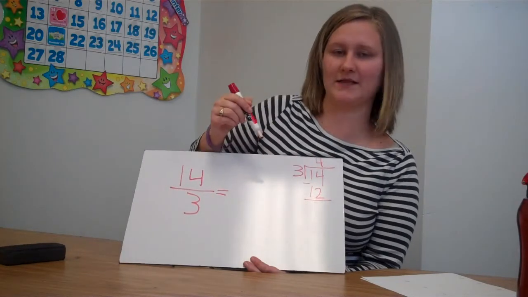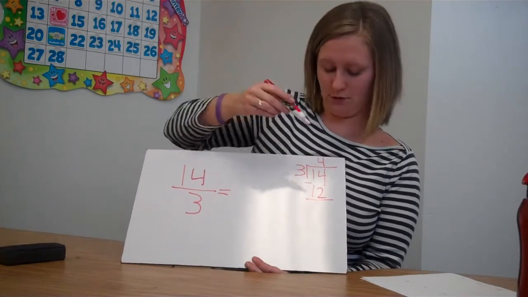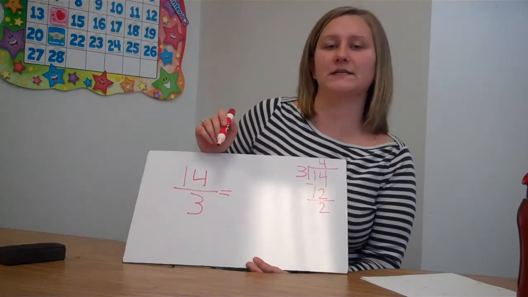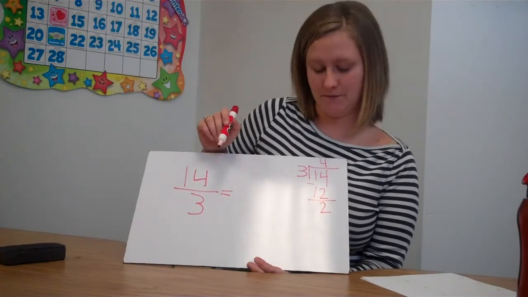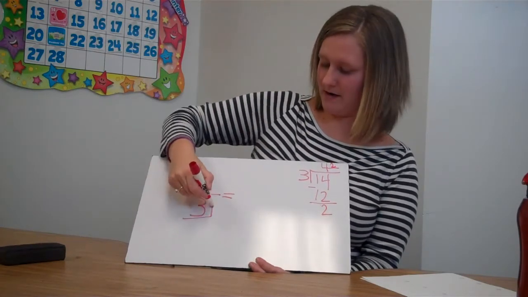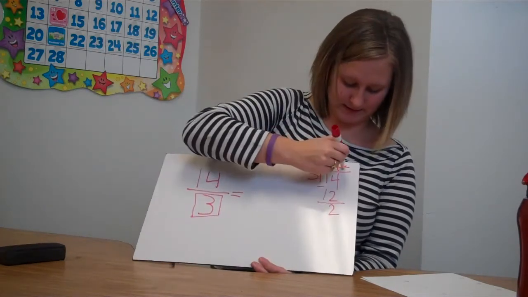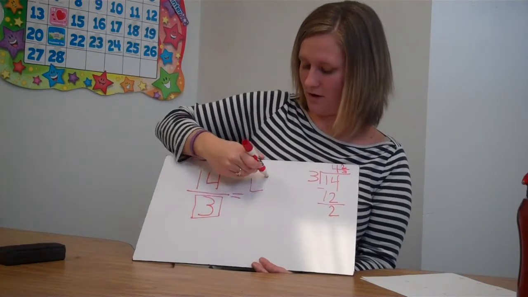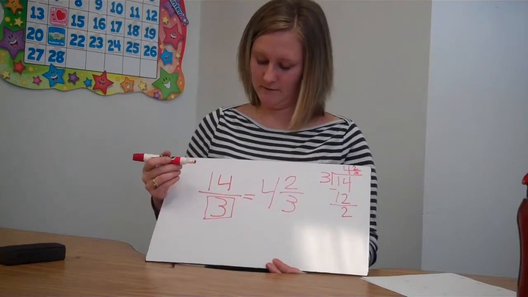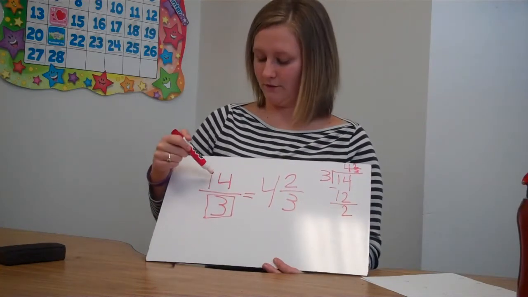I then subtract that. 14 minus 12 is 2. I don't have anything else to bring down, so I'm finished. So that then becomes my numerator, and my denominator, again, stays the same. So it would be 4 2/3.